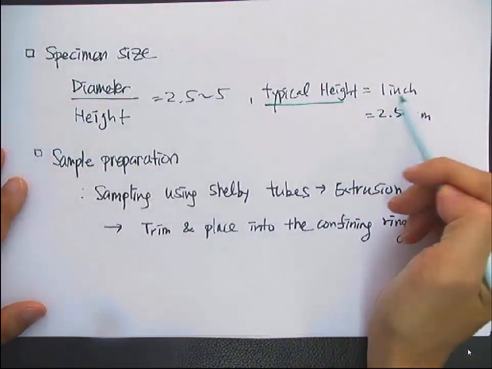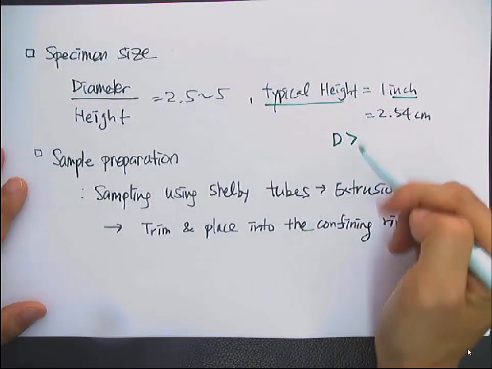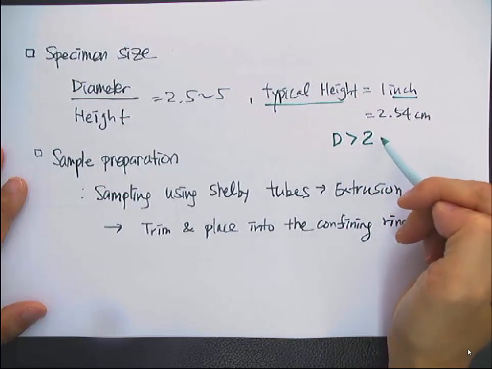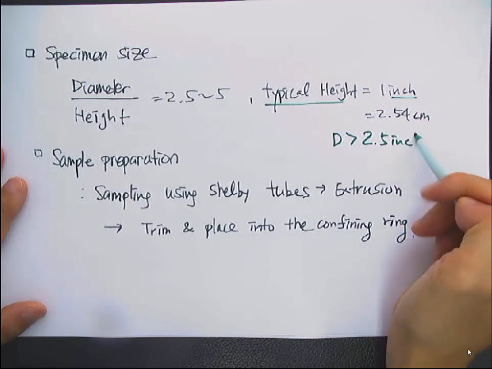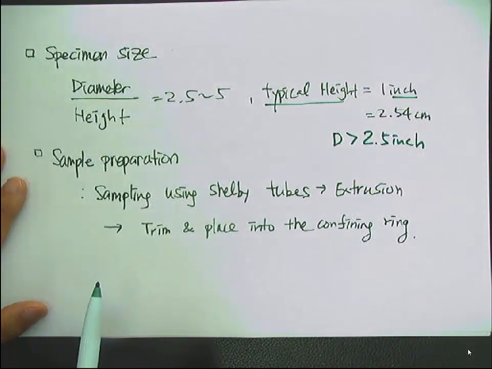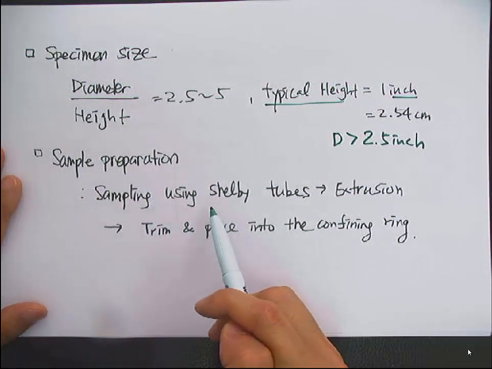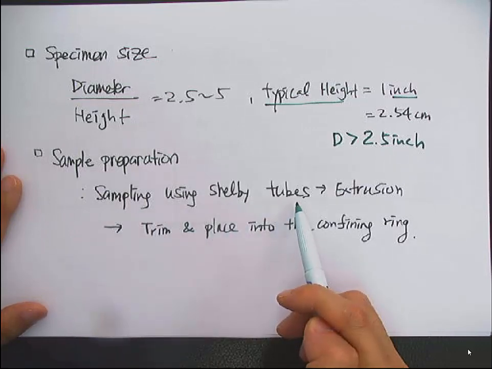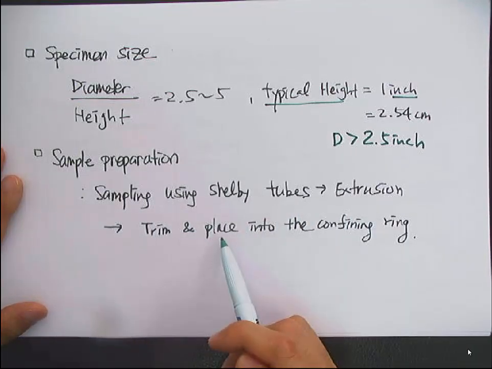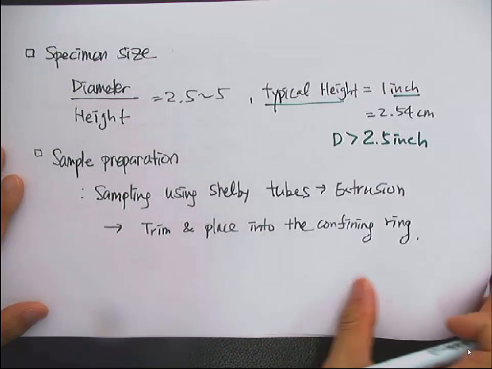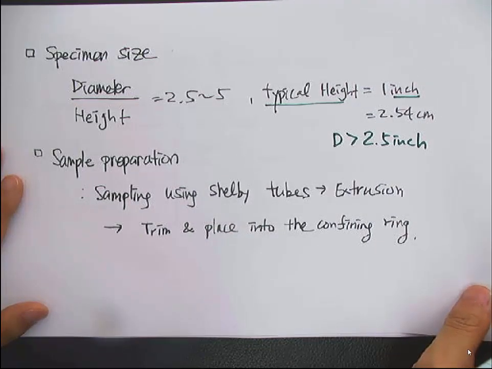Typically, the height is 1 inch and the diameter is larger than 2.5 inch. For sample preparation, you do the sampling usually using the Shelby tube, and you do the extrusion and trim it in place into the confining ring. Then you're all set to perform the experiment.